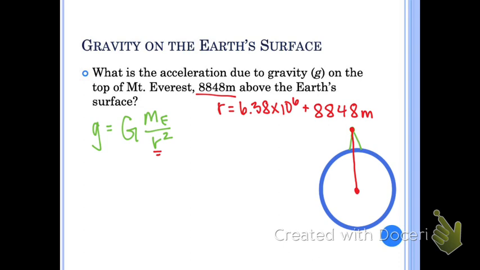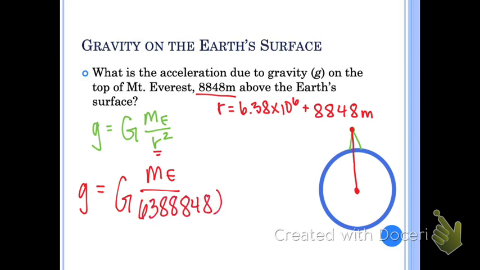All right, so little g, that's what we're solving for, equals big G times mass of the Earth over 6388848, and then I have to square that value. Okay, are we good with having both of these numbers in our calculator? That's why I'm not writing them out, because we've got both big G and M in our calculator.